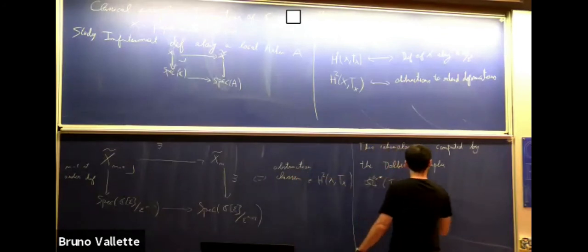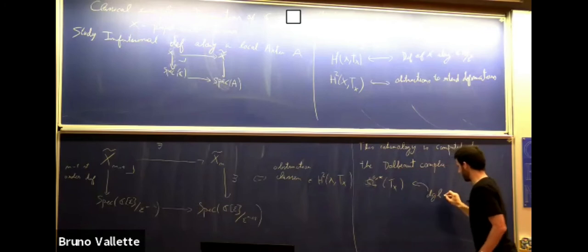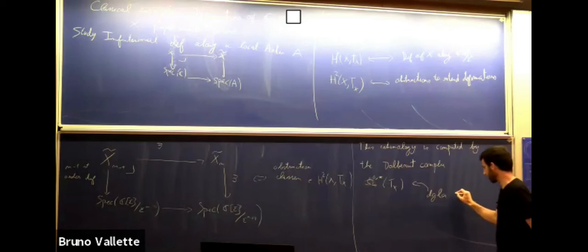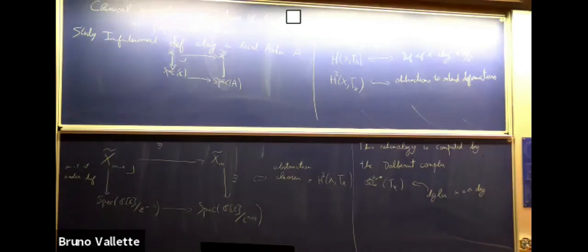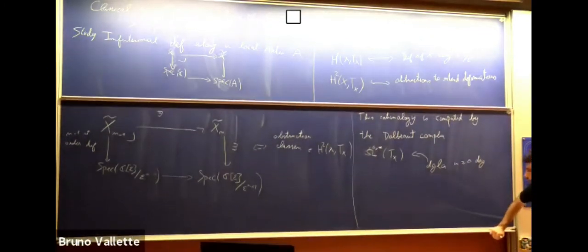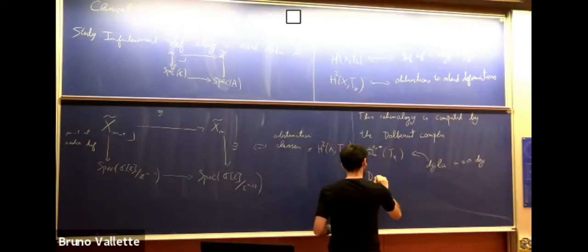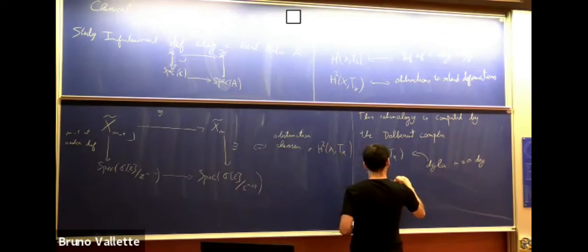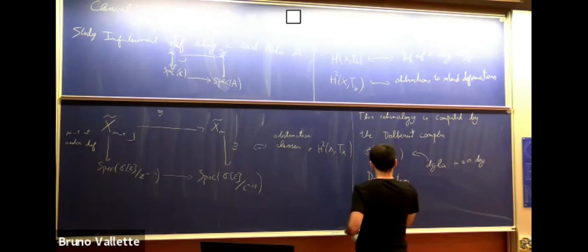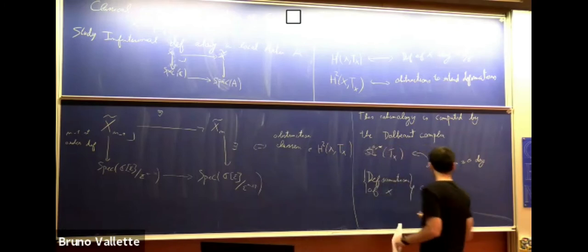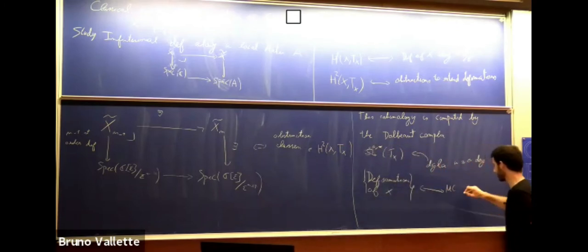which is a DGLA, a DGLA living in non-negative degrees, and what one realizes is that the deformations of X are in correspondence with the Maurer-Cartan elements of exactly that thing.